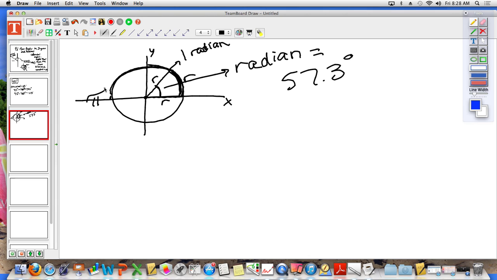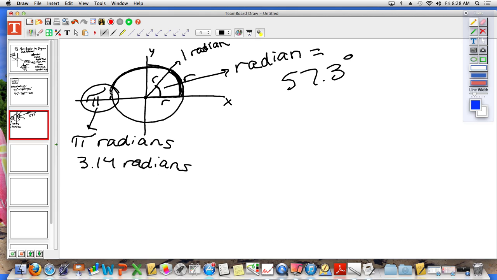So when we say that this is pi, we mean that it is pi radians, which is the same thing as 3.14 radians. That's why when we've rotated 180 degrees, we label that as being pi radians, because you can fit 3.14 radiuses at the point at which you get to 180 degrees.